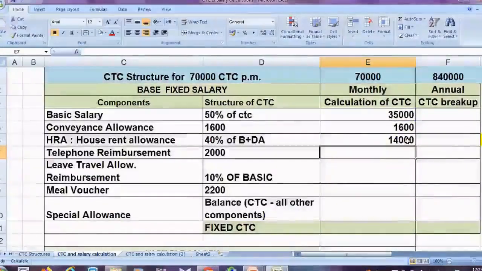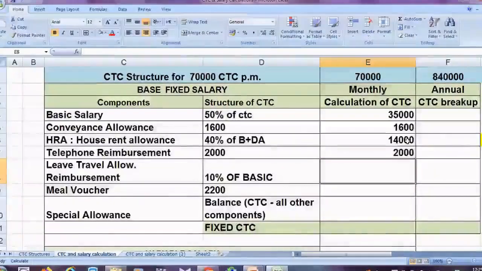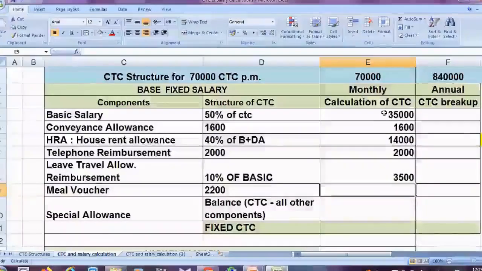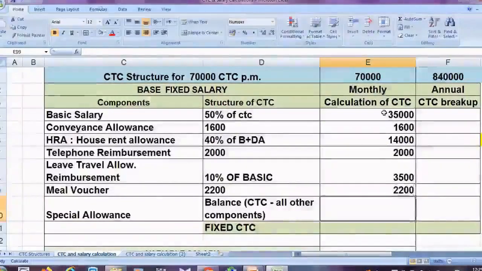2,000, there is a fixed amount of telephone reimbursement. Coming to the LTA, it is 10% on basic. So we will select the basic cell here and multiply by 10%. Meal voucher, it's a fixed amount of rupees 2,200 per month.